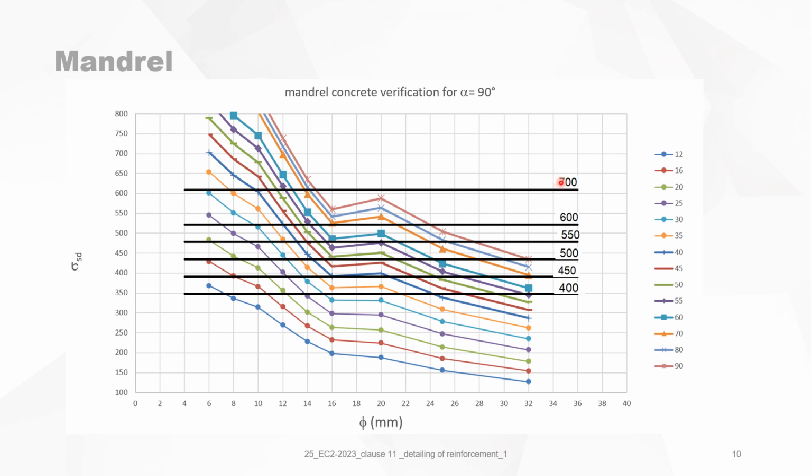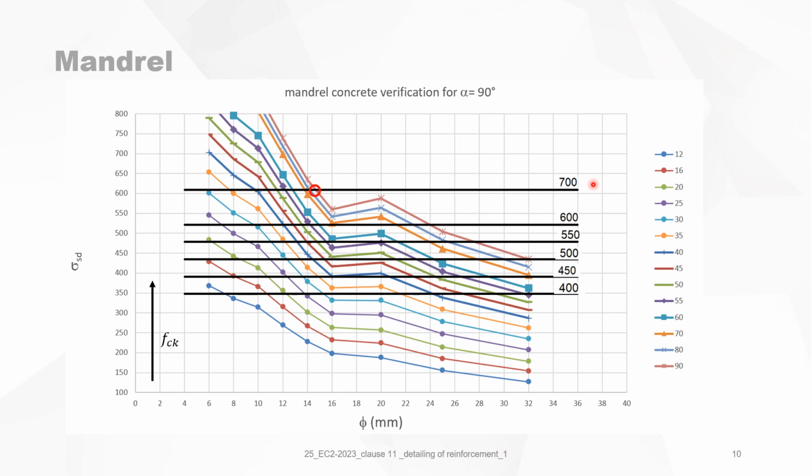Of course, this is 700 divided by 1.15 and so on. So for 500, you will have 435. The different lines that you can see is sigma SD in function of the diameter, but with different concrete qualities. So the concrete quality starts with 12, then 16, then 20, and so on. The top is 90 megapascal. So the concrete quality increases in this direction.